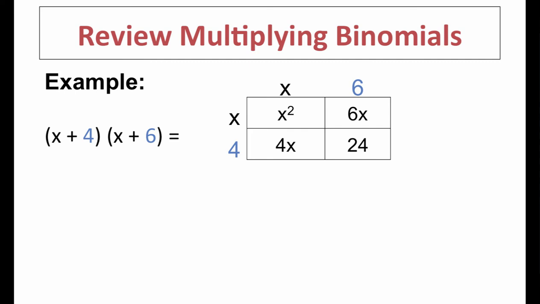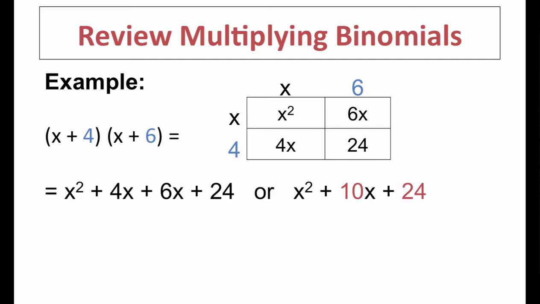So anytime we have a multiplication problem like this, we're going to have 4 products, and this is what it looks like. If you've done a million of these, you'll realize that there are like terms. Again, the nice visual part of the box is that your like terms are typically going to be on the diagonal here. So 4x plus 6x is going to be our combination of like terms. That gives me 10x.